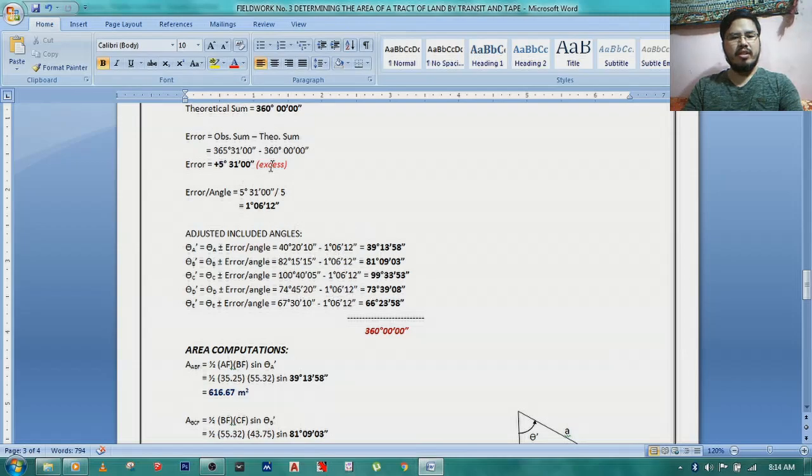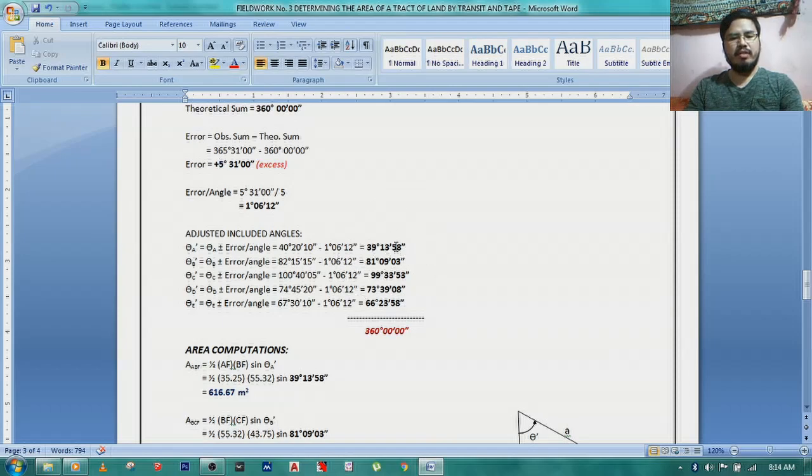If it is a deficit, of course, we add the error per angle to the observed value. Since this is in excess, we subtract. So we have here 40 degrees, the observed value, minus the error per angle, which gave us the value of theta A prime. You do the same to the remaining angles, subtracting the error per angle.